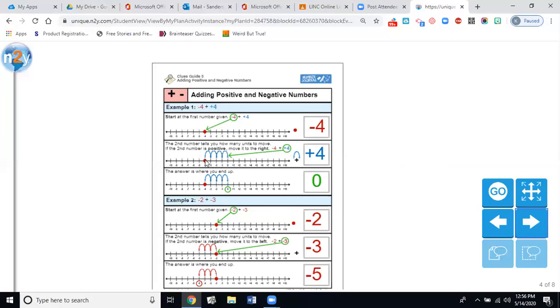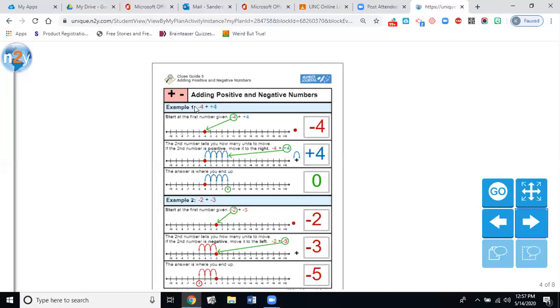So we're going to move our point over to the right, getting into the positives. 1, 2, 3, 4. These numbers are really tiny. Maybe if you have glasses, or your parents have reading glasses or a magnifying glass, you may need it because these numbers are awful tiny. But moving over from -4, 4 points puts us at 0.